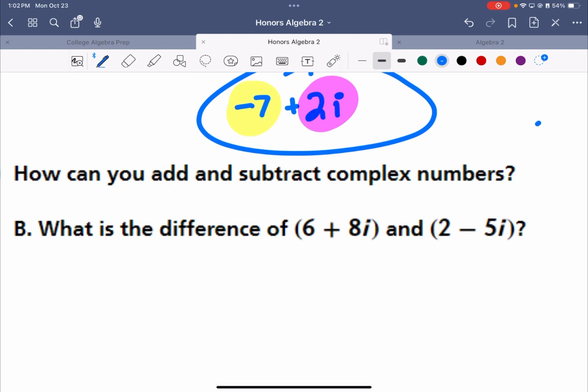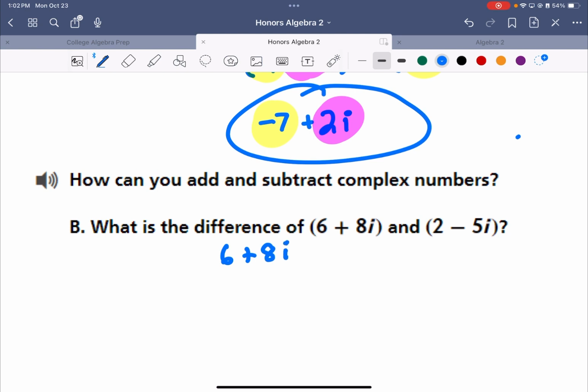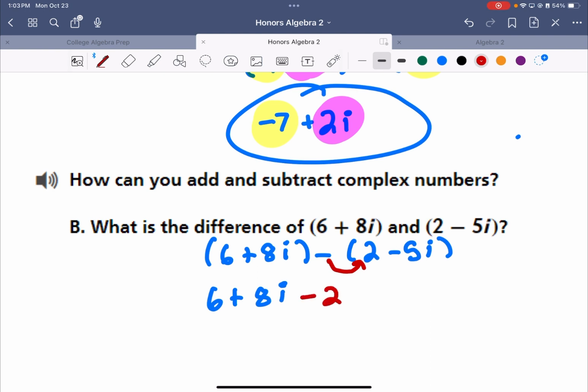complex numbers. If I have 6 plus 8i minus 2 minus 5i. Just like if you're subtracting polynomials, you have to be careful with this. 6 plus 8i, I can just remove the parentheses. But because of the parentheses on the second one, I have to distribute that negative. So this is minus 2. A minus and a minus make a plus.